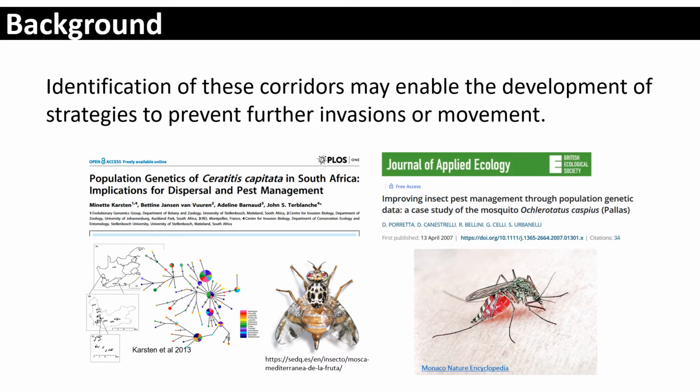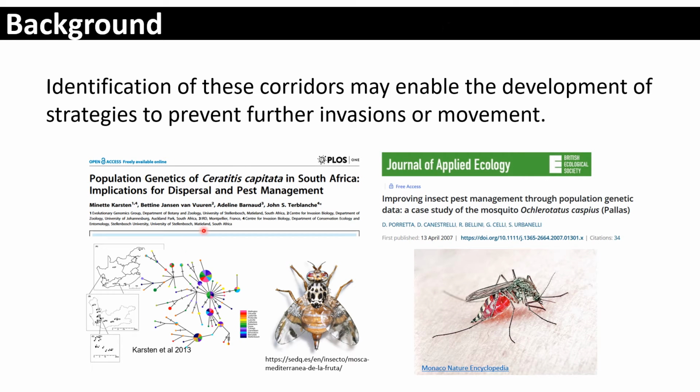Understanding the genetic structure of different populations across their natural geographical range is vital to execute species-specific management plans. These two examples show that investigating the genetic diversity and population genetic structure of insects helps in planning control programs.